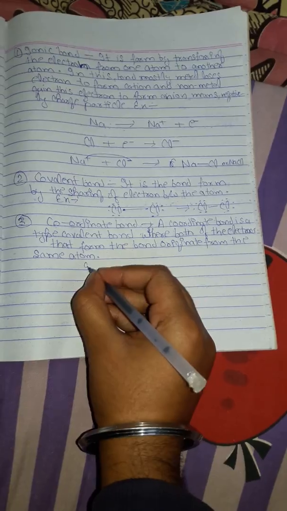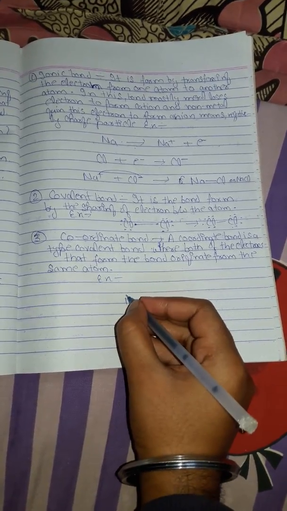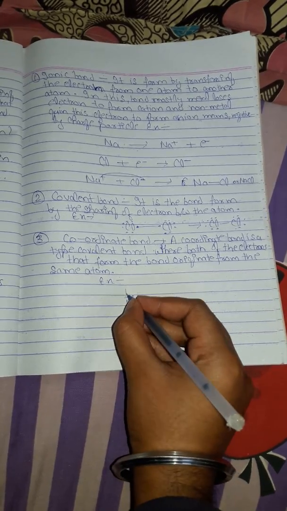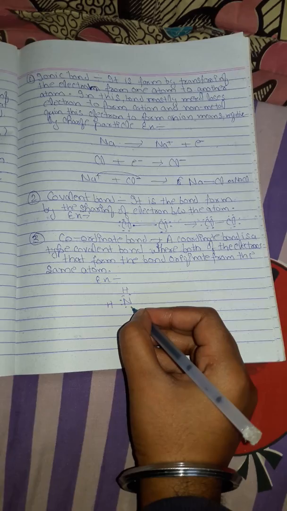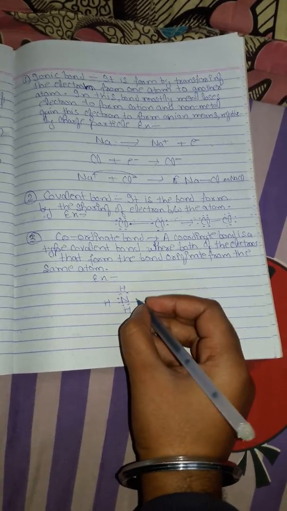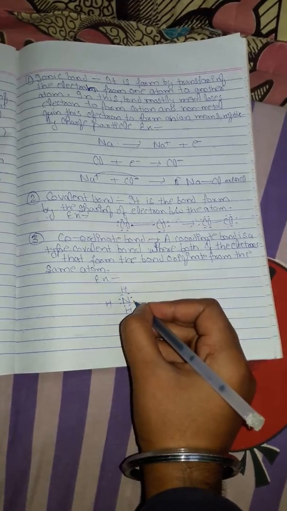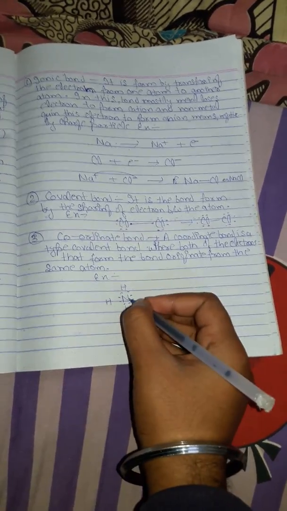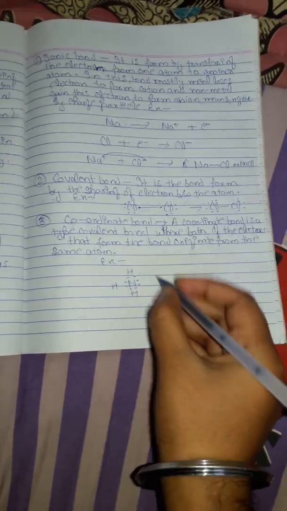I will give you an example to explain this more clearly. Suppose nitrogen forms a bond with hydrogen. Nitrogen has 5 electrons in its last orbit, and it will share 3 electrons with 3 hydrogens to complete its octet.